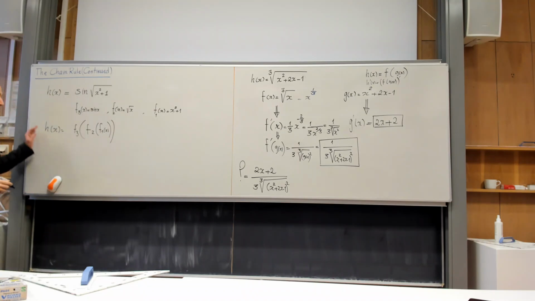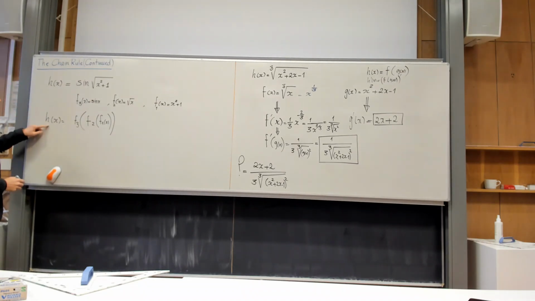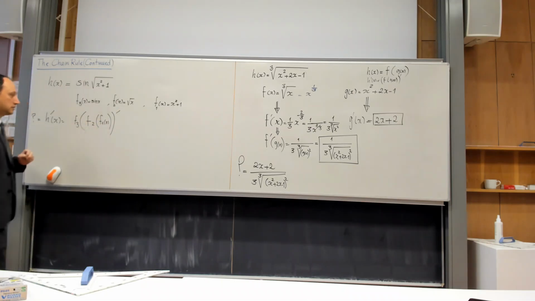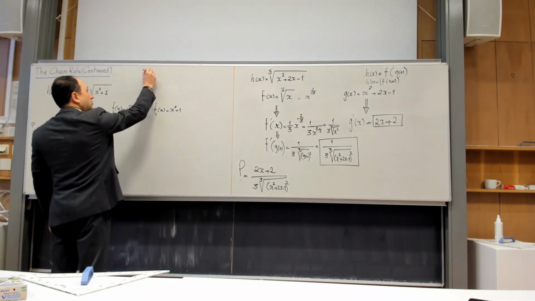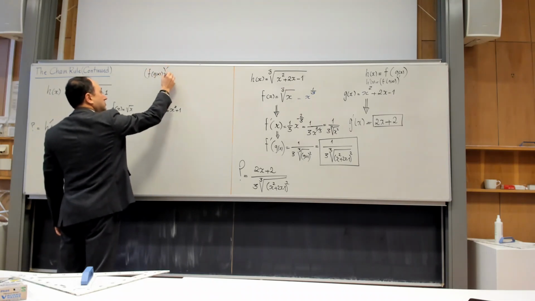This is the situation that I have right now. But I want to take the derivative of this function. So my question mark is the derivative of this function. So I have to differentiate this function. But the main chain rule, if I want to write it here, is only for two functions. I want you to learn how to extend it to more than two functions.